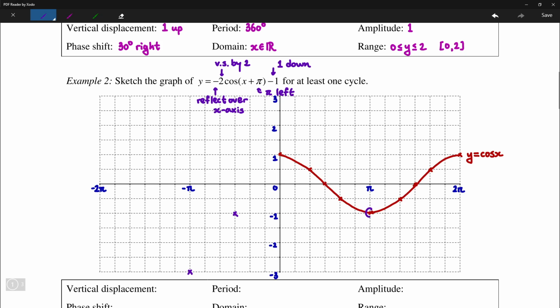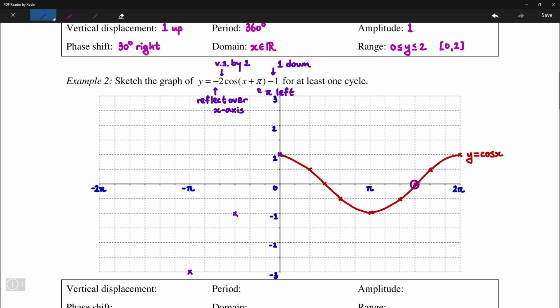Similar to the third point here, it is going to be reflected, vertically expanded, and then moved to the left, and then down 1 space. So it's going to end up at 0, 1. Next point we have is the third quarter mark. So that's 3 pi over 2.